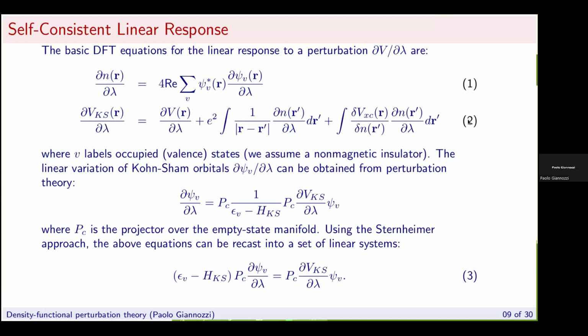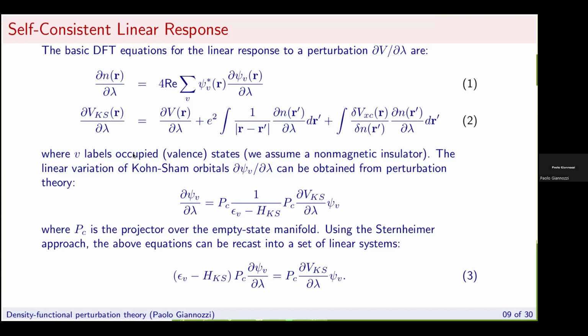The latter, equation 2, must be written as a functional derivative of the exchange correlation potential times the linear response of the charge density. It looks complex to compute, but at least for reasonably simple exchange correlation functionals, it's not difficult at all to compute the screening term, in particular including the exchange correlation screening term, the rightmost term on equation 2.